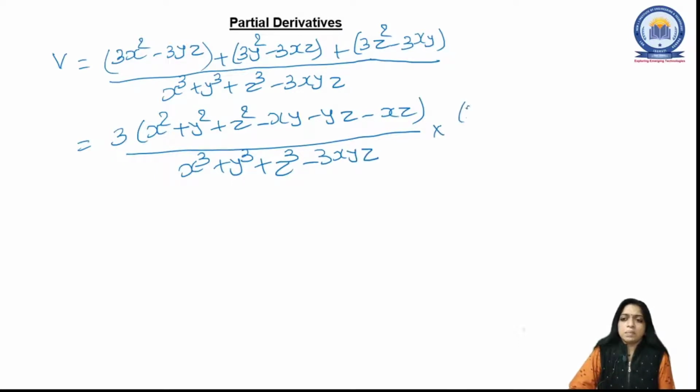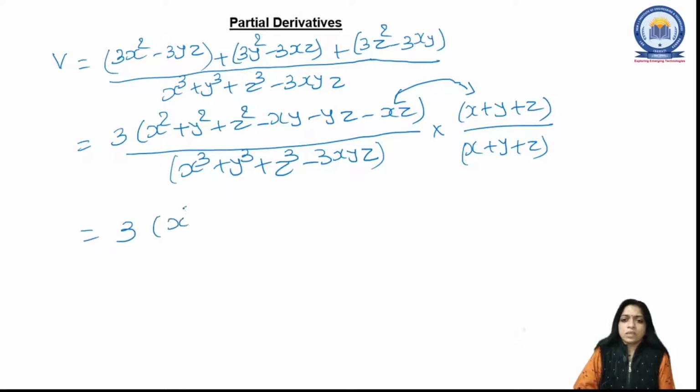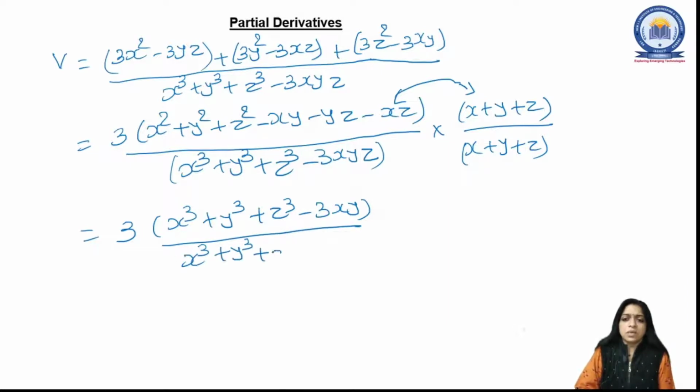If I multiply and divide by (x plus y plus z), then the multiplication of these two brackets gives x cube plus y cube plus z cube minus 3xyz, so the numerator is 3 times (x cube plus y cube plus z cube minus 3xyz), the denominator is x cube plus y cube plus z cube minus 3xyz, and the remaining term is 1 upon x plus y plus z.